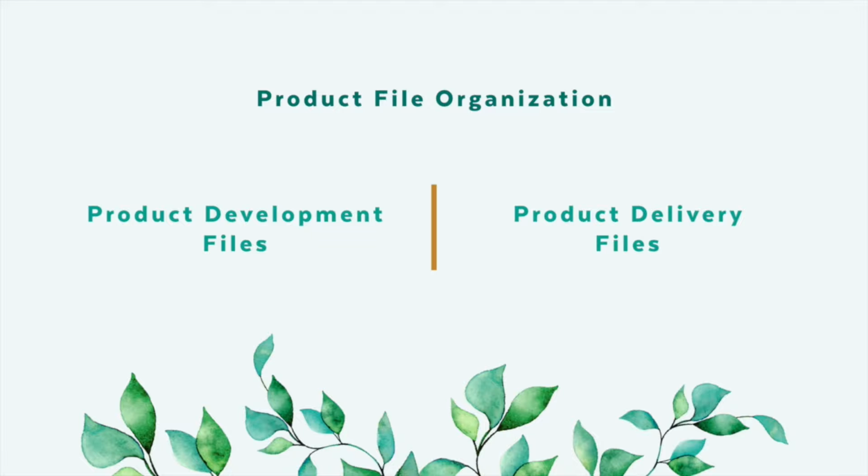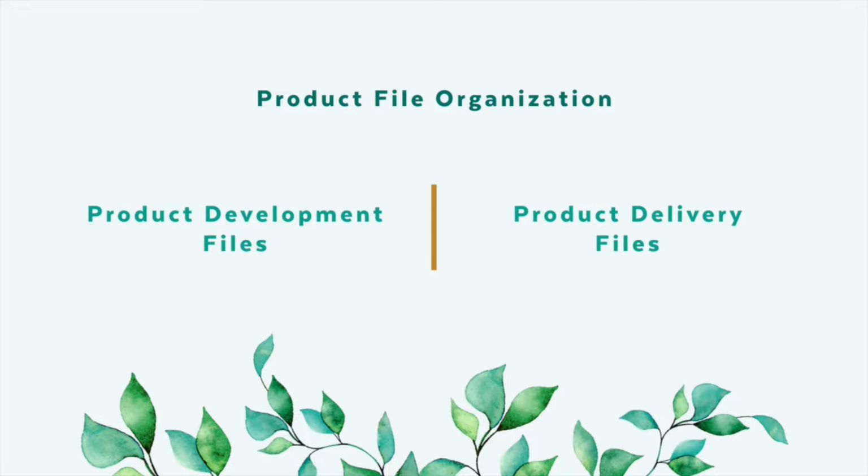Your product development files will consist of your original designs that you created in Adobe Photoshop, or if you're developing your product using Adobe Illustrator, it will consist of the original design files. Your product delivery files will consist of the files that you are going to provide as your download, as well as any instruction documents that you want to provide with your product.